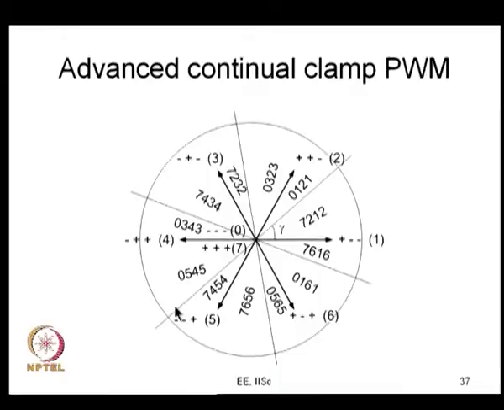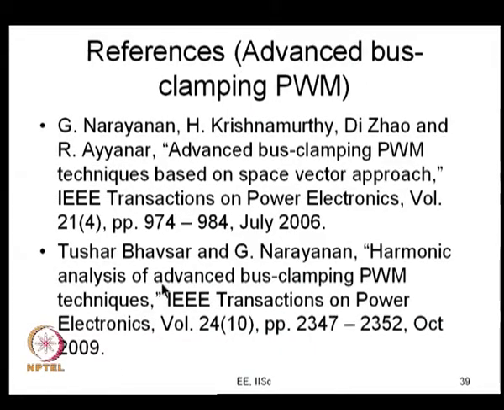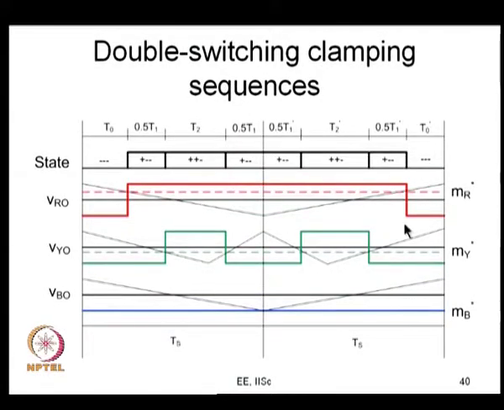Now, I am going to show a few more references. These are the two references that I showed, and these are particularly about the advanced bus clamping which I discussed today, and this is about the double switching clamping sequence, trying to look at it from the triangle comparison side. Now, you see that here you can consider VRO average, which is MR star, and VYO average, which is MY star.